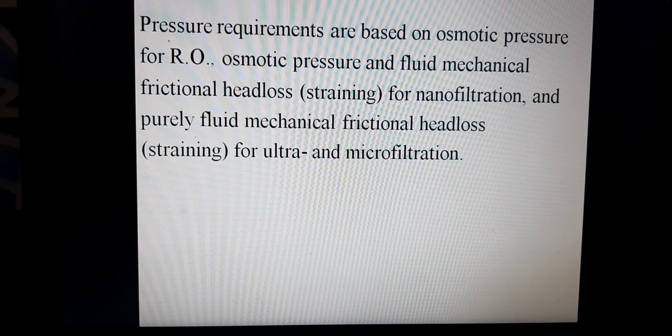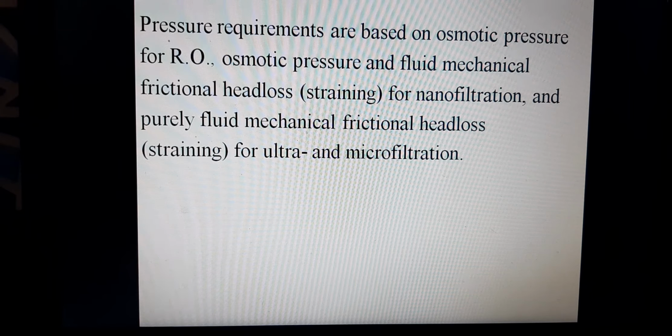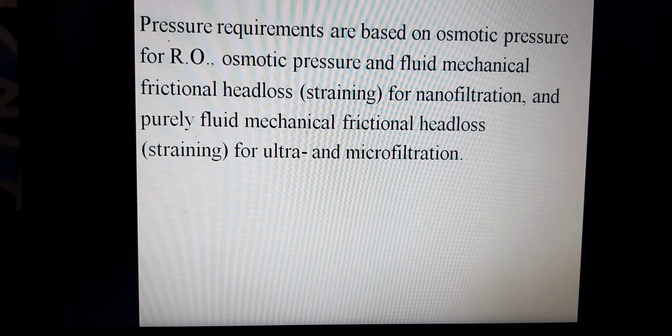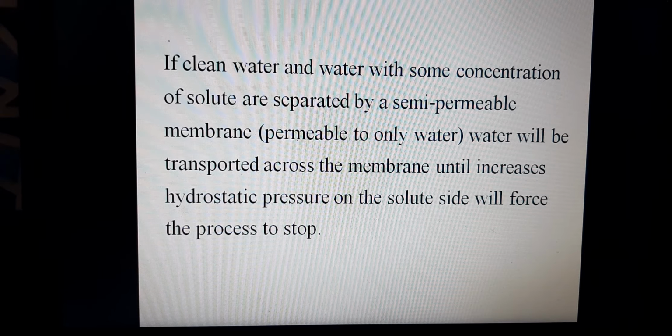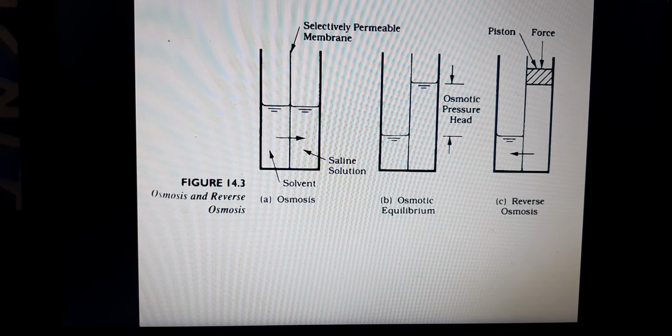The osmotic pressure and the fluid mechanical frictional headloss apply for nanofiltration, and purely fluid mechanical frictional headloss for ultra and microfiltration. If clean water and water with some concentration of solids are separated by a semi-permeable membrane, water will be transported across the membrane until the increased hydrostatic pressure on the solute side forces the process to stop.